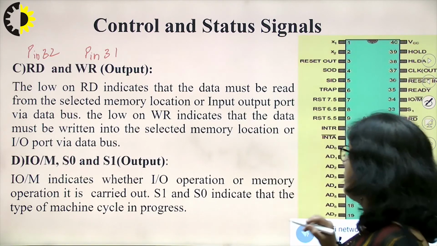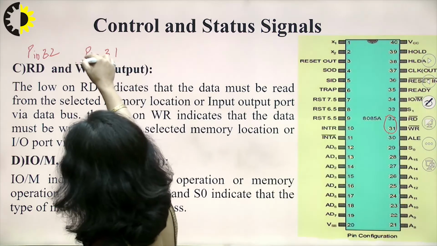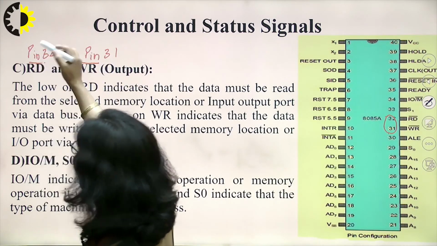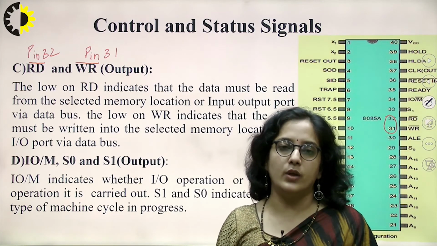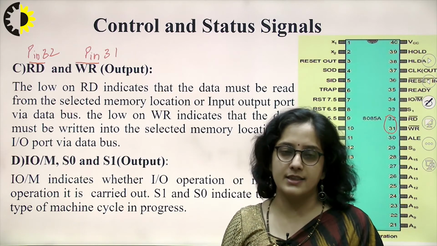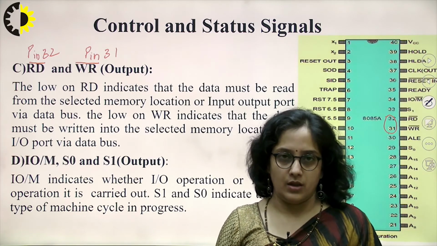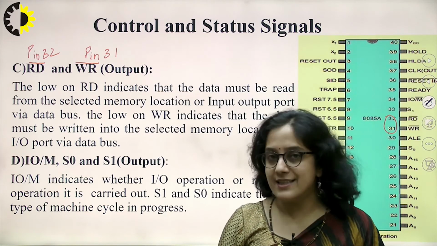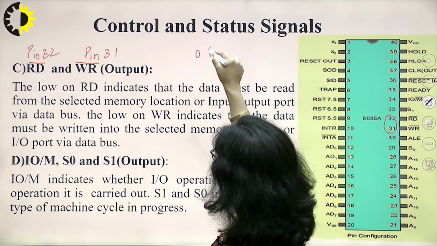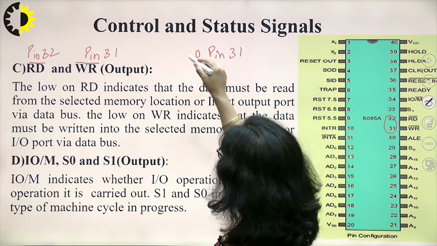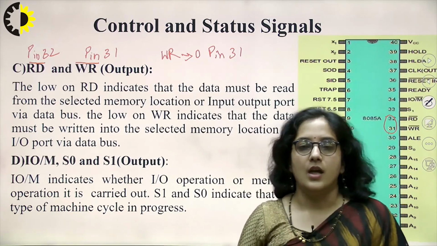This is active low, the bar indicating that it is an active low signal. Whenever pin number 32 has 0, it indicates that the microprocessor is reading something. When the microprocessor has to write something, it sends 0 at pin number 31, indicating that it is performing a write operation.